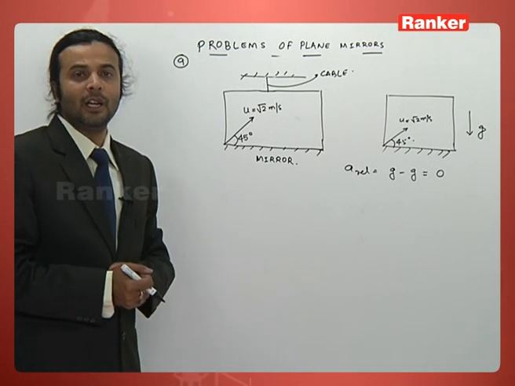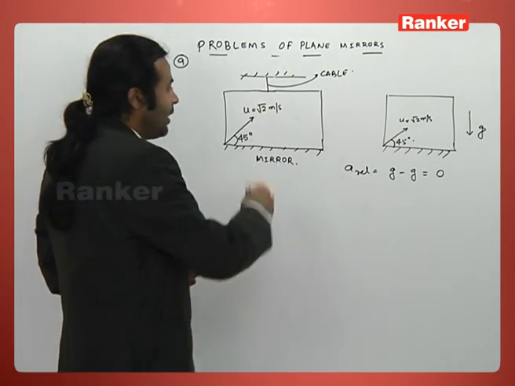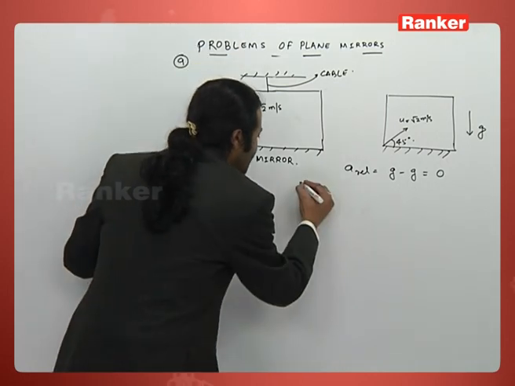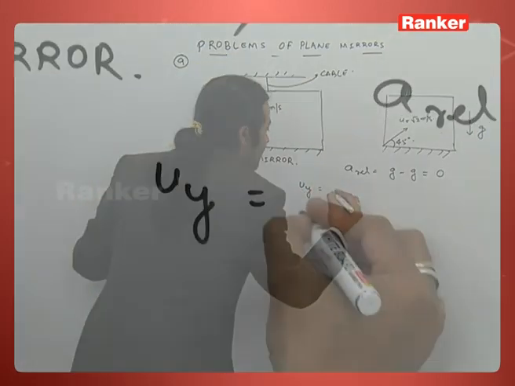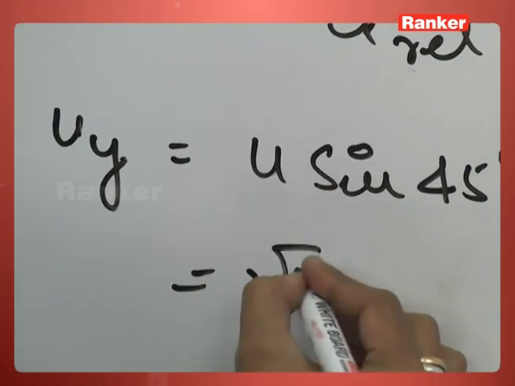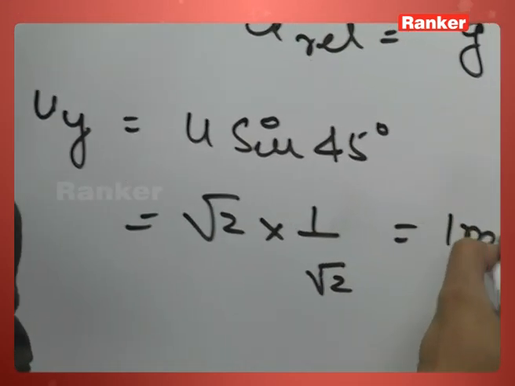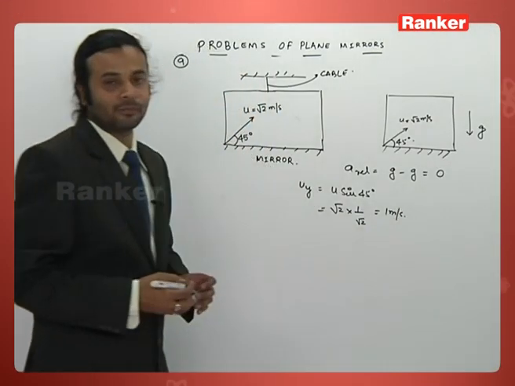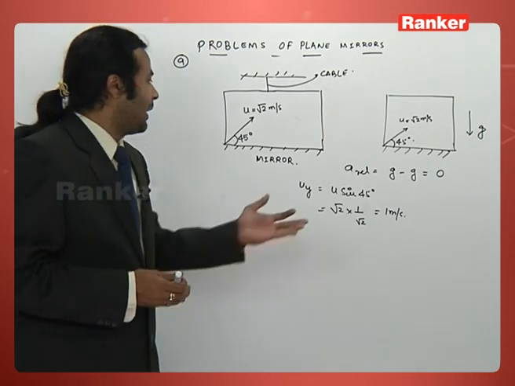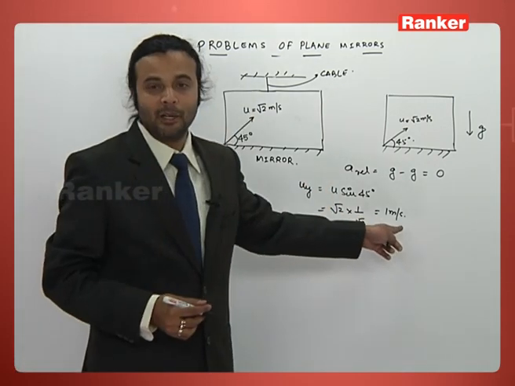Since there is no relative acceleration, let us calculate the y component. So uy will be u sin 45, that is √2 into 1 by √2, that is 1 meter per second. That means the particle is moving with a constant velocity of 1 meter per second.